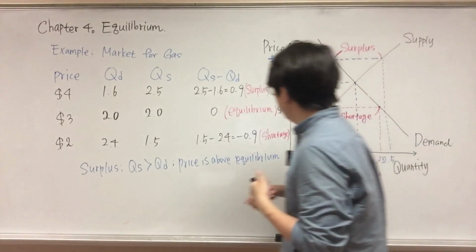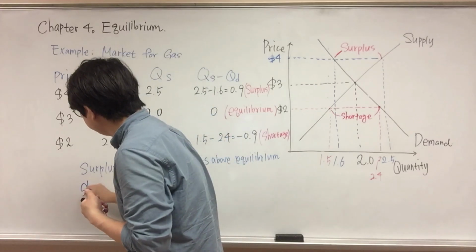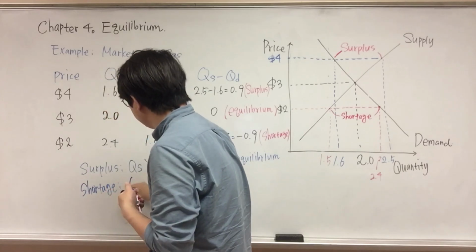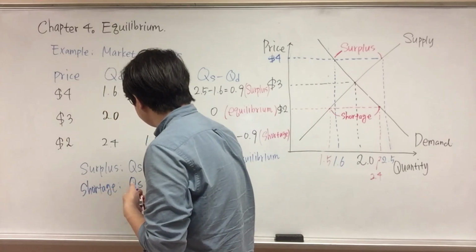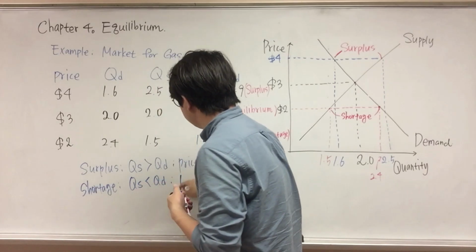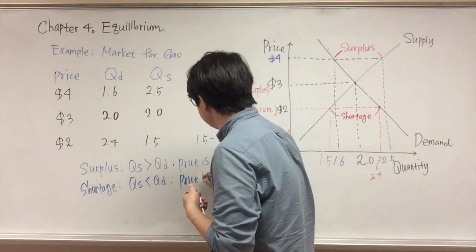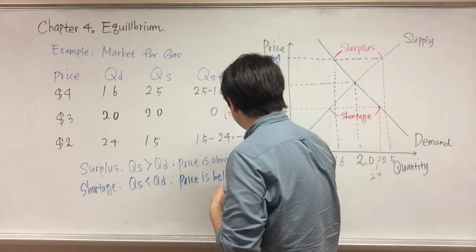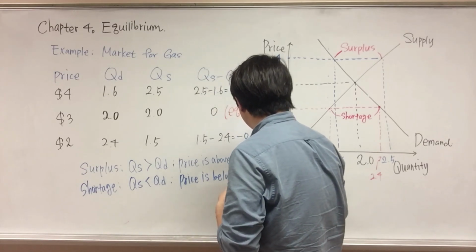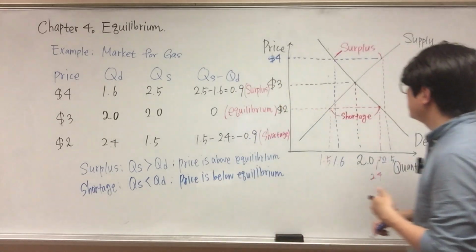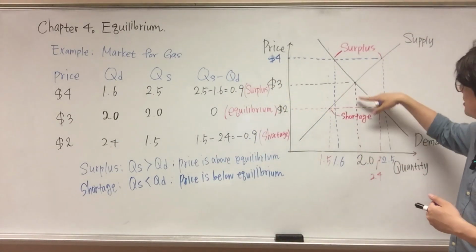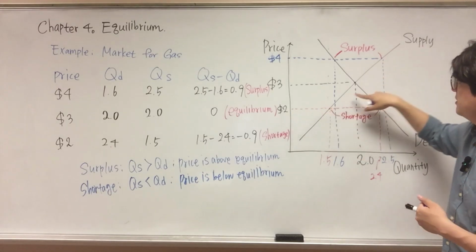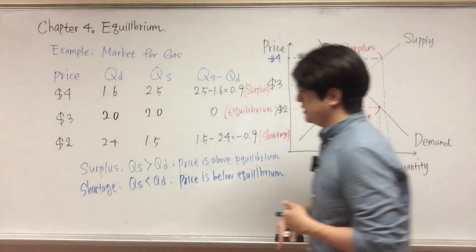Okay, how about shortage? Shortage happens when quantity supplied is less than quantity demanded. So in this case, price is below the equilibrium point. $2 is below the equilibrium point, so we have a shortage.